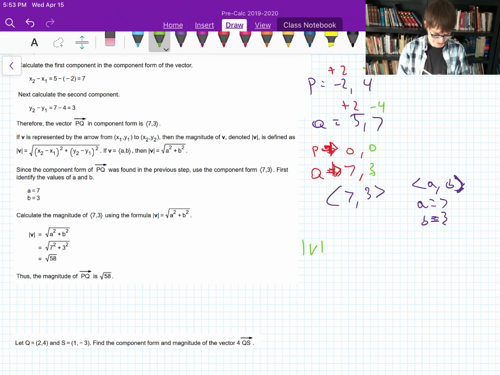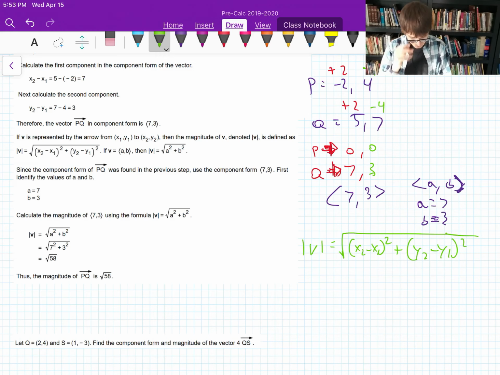If that doesn't make sense, don't worry about it. So the magnitude of v, remember this is not the absolute value of v, it's the magnitude of v, is the square root of (x2 minus x1) squared plus (y2 minus y1) squared. That's the magnitude.